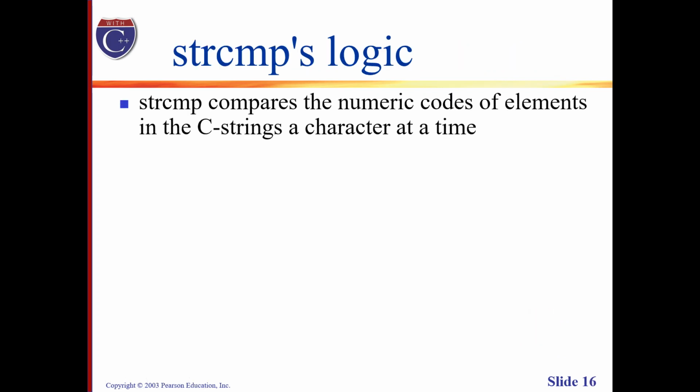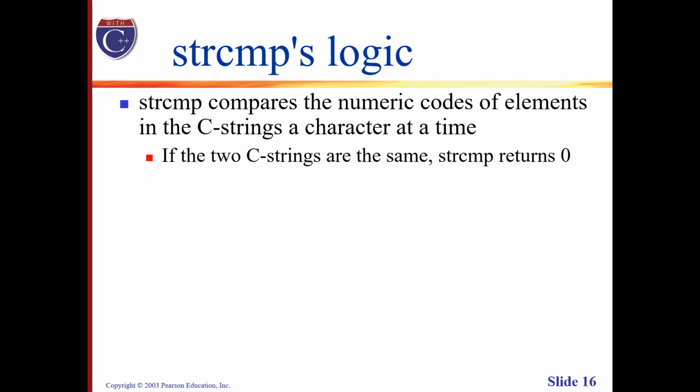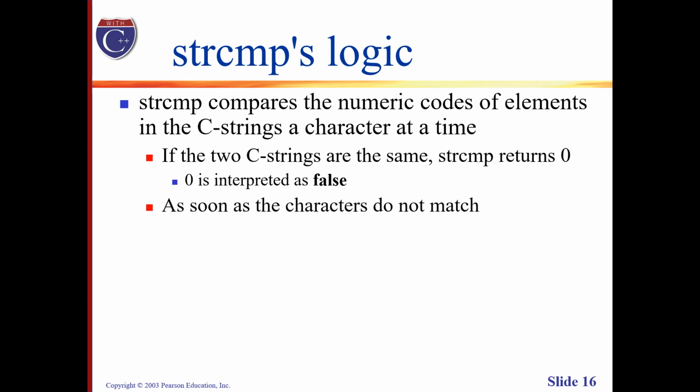So what is the logic behind this? strcmp compares the numeric codes of elements in the C strings one character at a time. If the two C strings are the same, strcmp returns 0. Thus, 0 is interpreted as false.